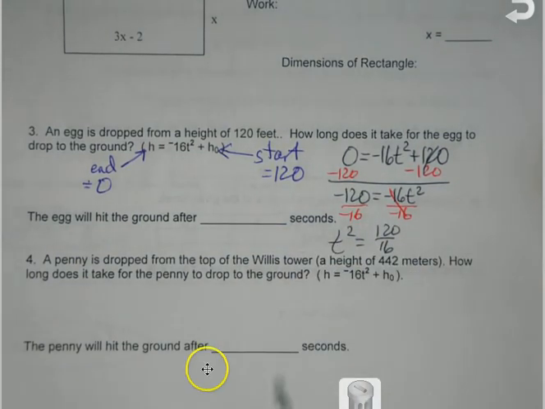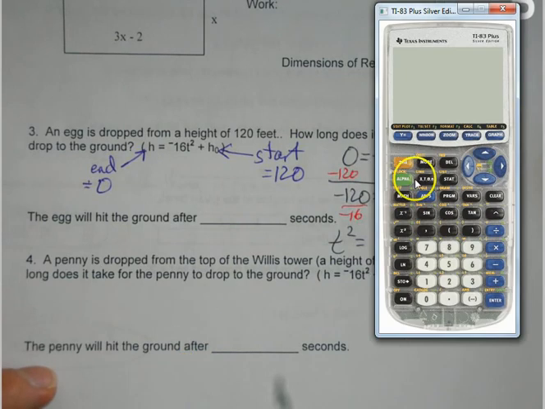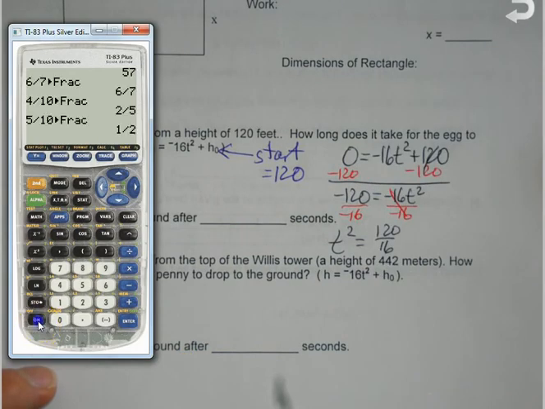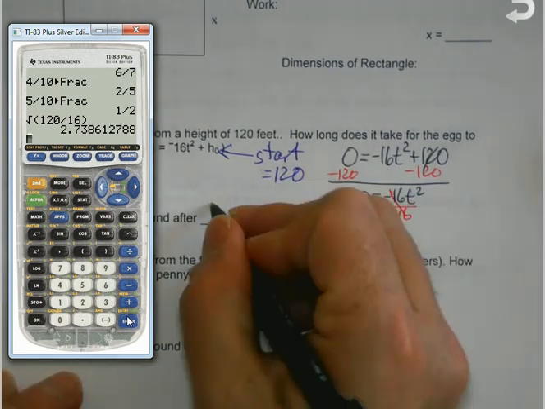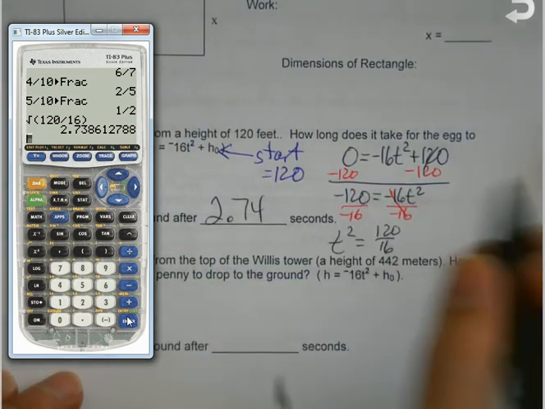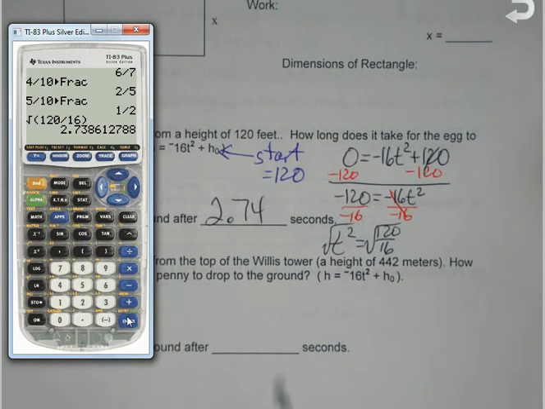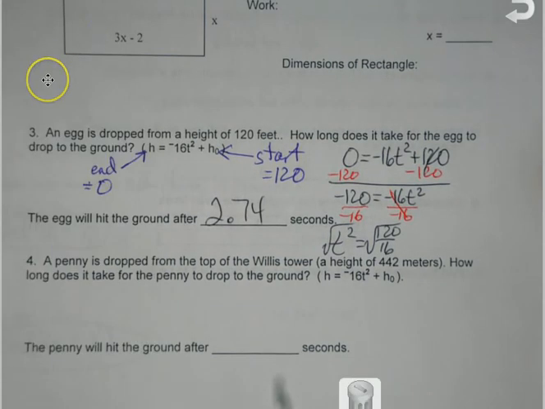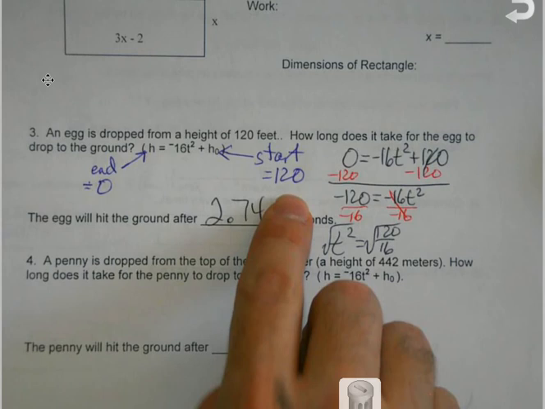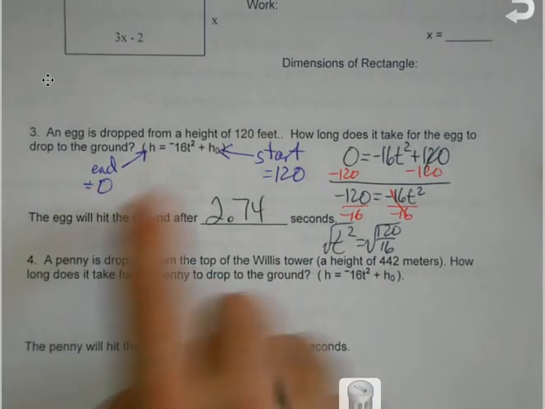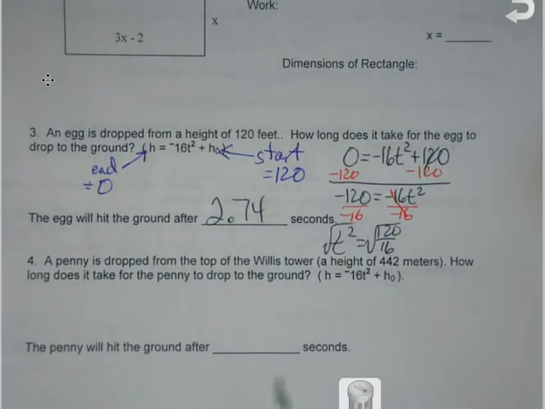So I'm going to find, once I move my calculator out of the way, the square root of 120 divided by 16. So it's going to take about 2.74 seconds for that to work. The only different thing that'll change in all these problems as we're doing them is the start number. This is going to keep being 0. I just got to keep doing the same thing.